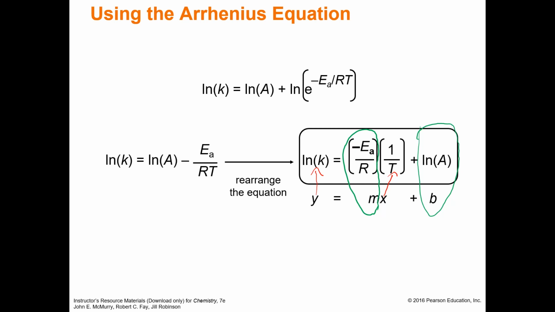So if we were to plot this, you would get a slope that's equal to the negative of the activation energy over R. And R is a constant, so if we take the negative of the activation energy over R and multiply this by the negative of R, then we get just the activation energy by itself.